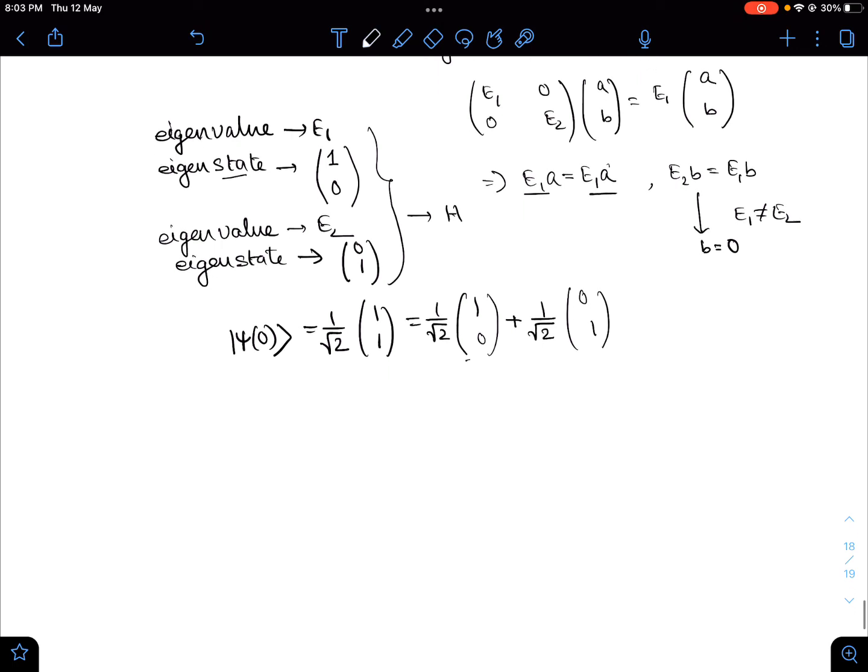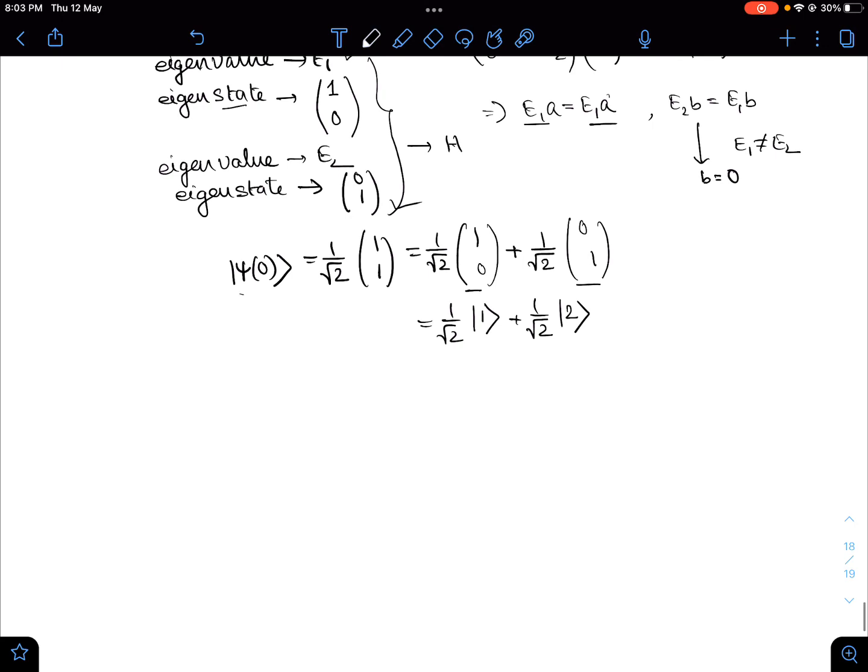This is the eigenstate corresponding to E1, and this is the eigenstate corresponding to E2. Let us denote this one by |1> and this by |2>. So we have this state here at time t equal to 0.